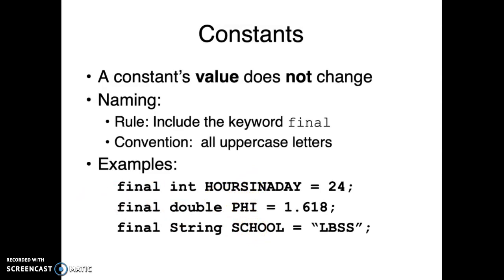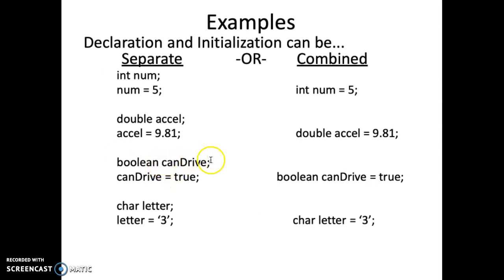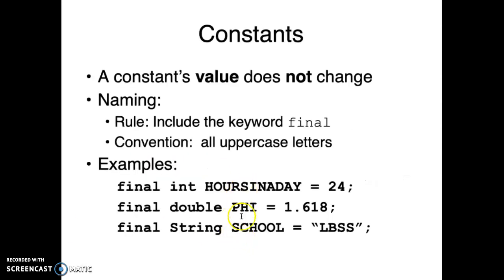So it's a little different than the camel case we were talking about before. And again, just to show you a camel case example, and here, can drive, this is the camel case that we're talking about. So again, for constants, all uppercase, and add that keyword final when you declare it, and then you won't be able to assign it a new value later in your program.